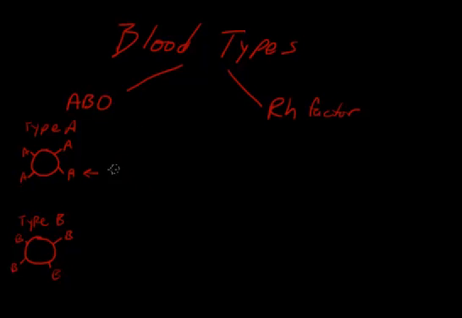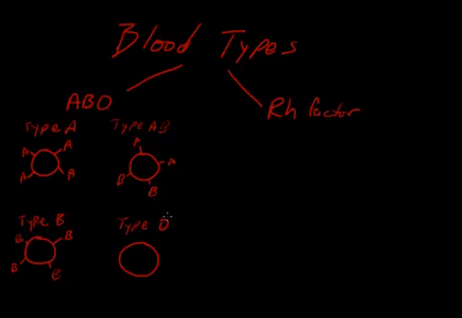I'm going to erase this just so I have room to finish writing what I'm writing. Okay, so if we have a red blood cell that has both the A and the B antigens on its surface, so we have A and B, this red blood cell is referred to as a type AB. Whereas if we have a red blood cell with no antigens on the surface of the cell, that would be a type O red blood cell.